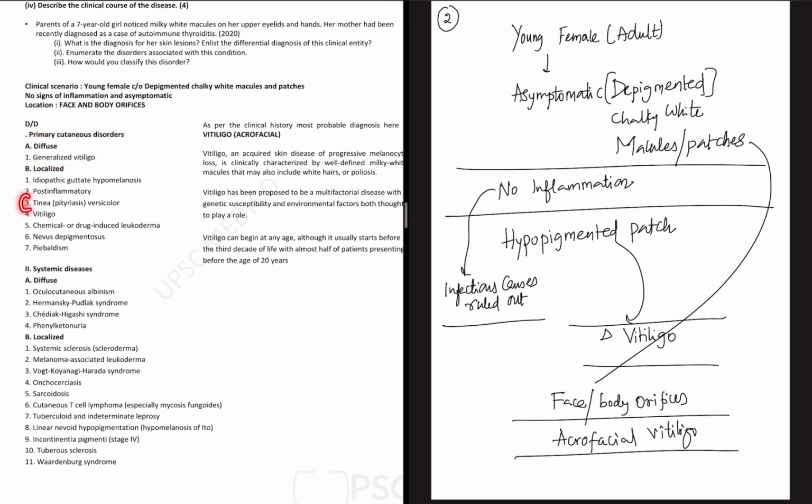Apart from that, the differentials are post-inflammatory hypopigmentation and tinea versicolor infection, which is closest to differential diagnosis. You have piebaldism also, which comes with a white forelock, which should be there in your question to diagnose it. It's a congenital cause, seen in children. Apart from that, there are primary cutaneous diseases and multiple systemic diseases which cause this problem.